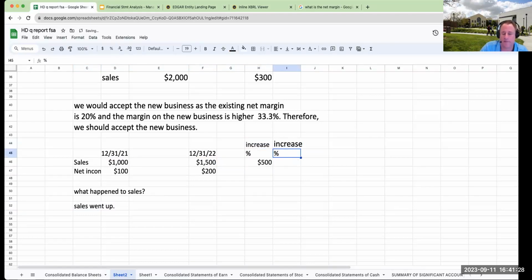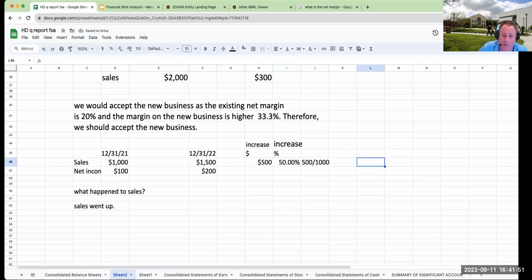What's the percentage increase? Well, I'm going to take the amount of the increase and divide it by the original, base year amount. So this is going to be 500 divided by 1,000, or 50%. So my sales increased by 50%.